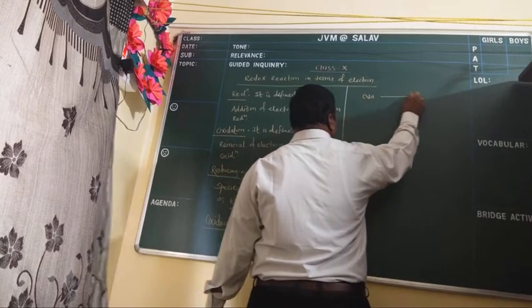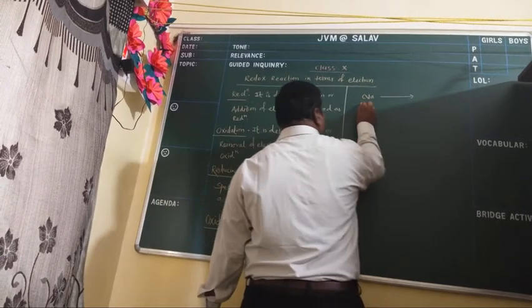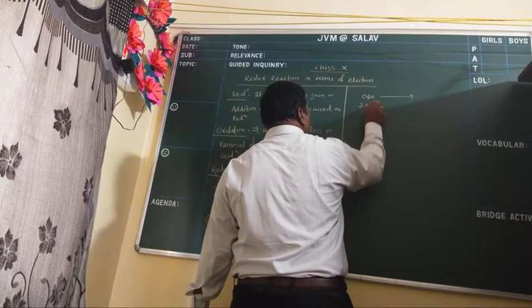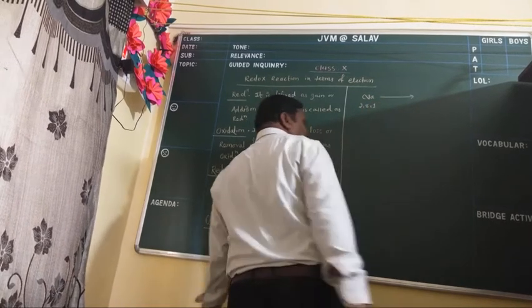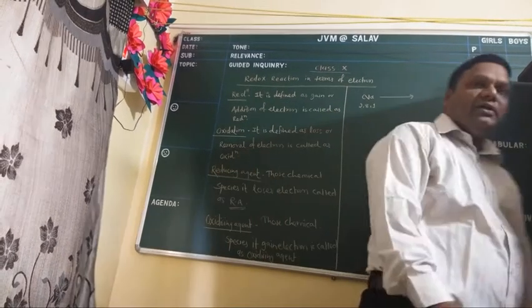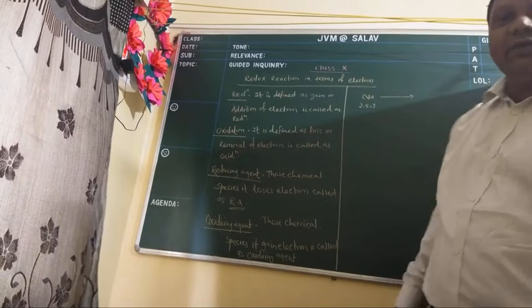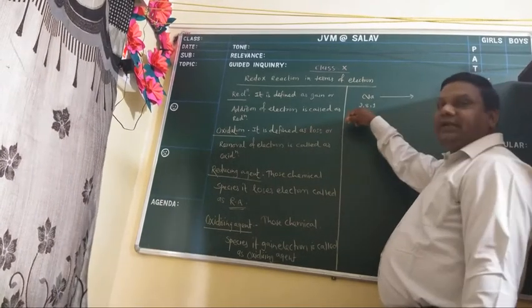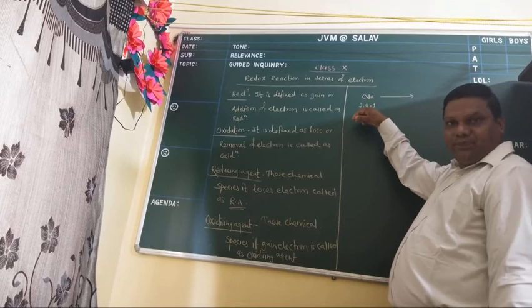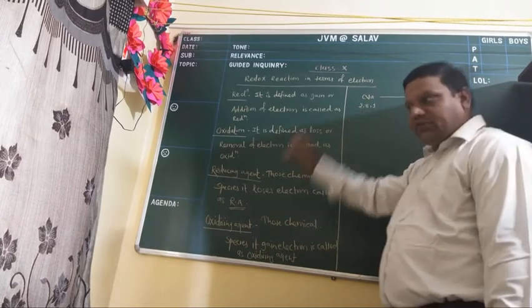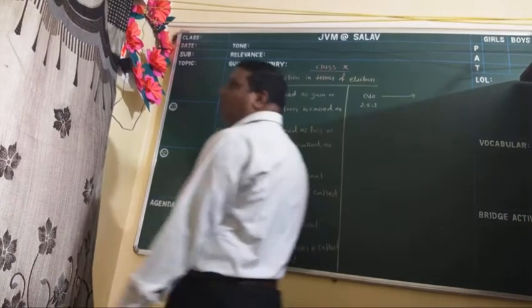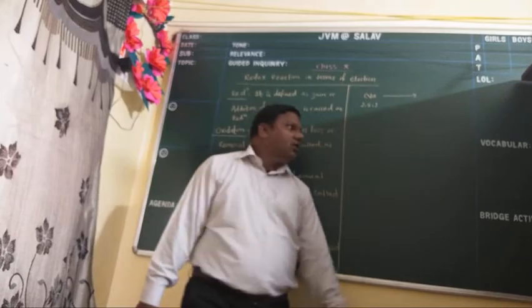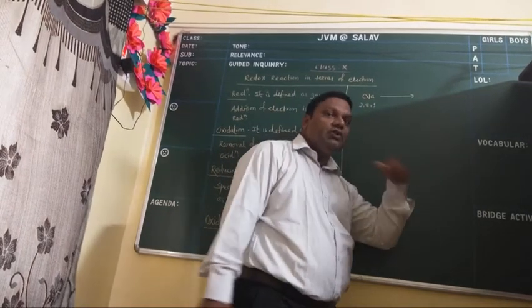Now suppose an example, sodium. Here 2, 8, 1 you have already learned in class 11. Sodium atomic number is 11. It has 11 electrons. Of the 11 electrons, one is placed in the third shell. So for completion of octet, sodium loses its own electron.